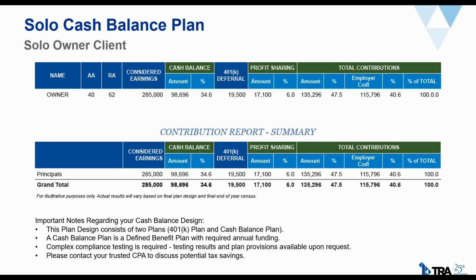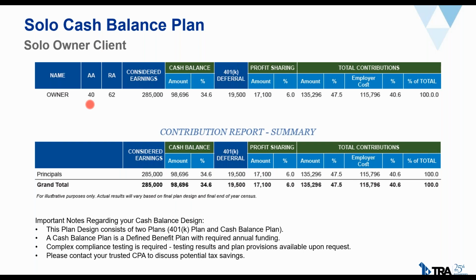Yes, thank you, Tom. So the situation here was that a financial advisor was working with this client and thinking that the $58,000 that we've talked about would be the maximum tax-deductible contribution that they could have, because they're only 40 years old, and with a cash balance plan, would that really allow additional tax-deductible contribution?